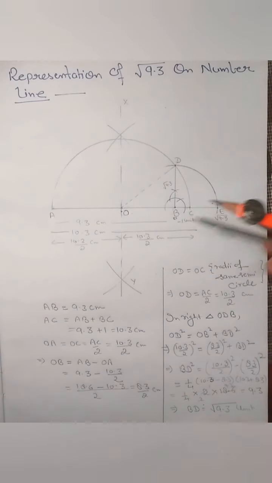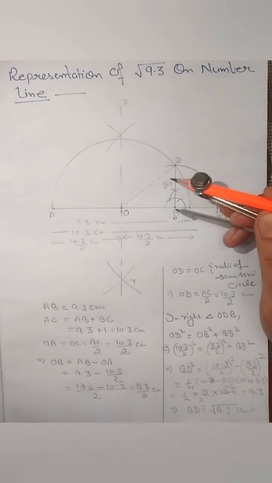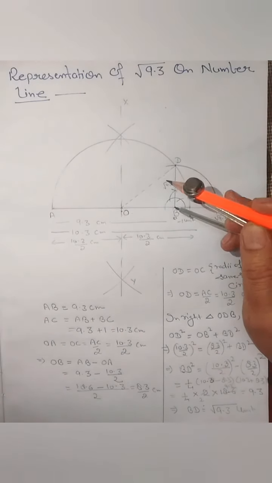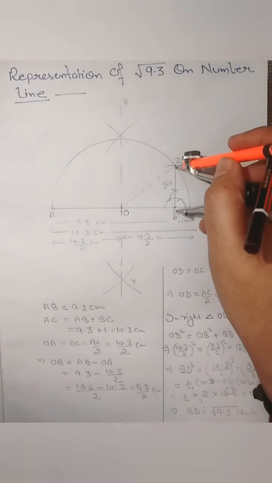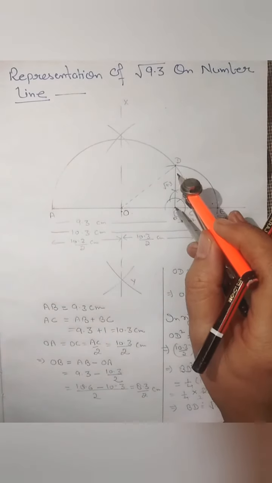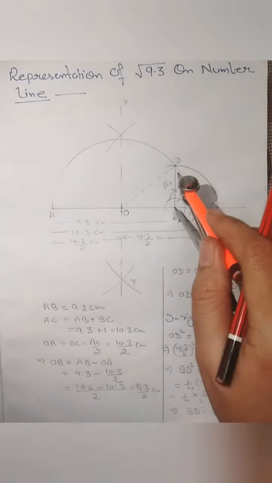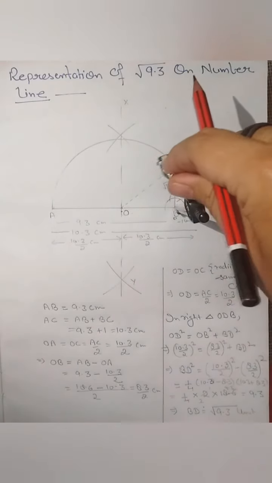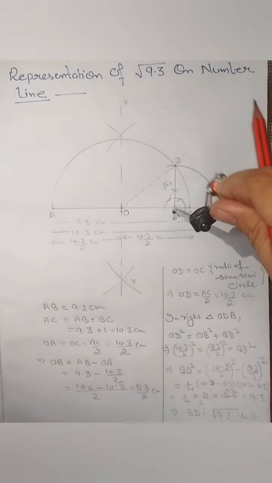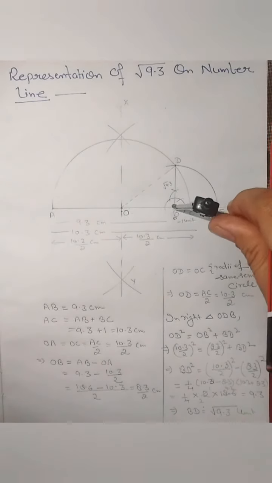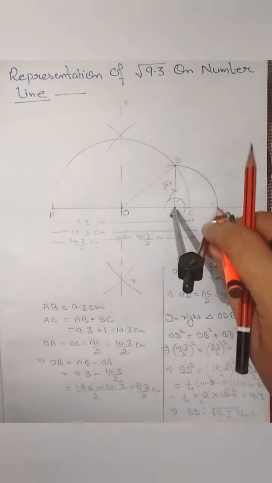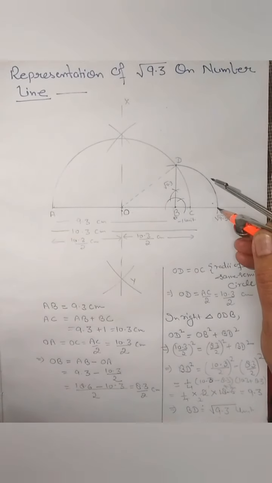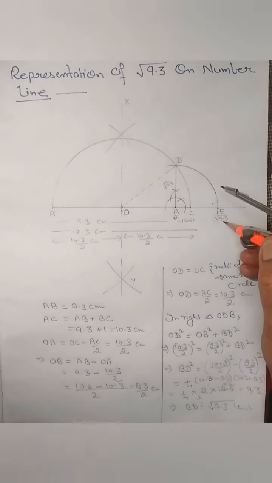That's why we put the pointer of compass at B and tip of pencil at D, and assuming B as center of circle and BD as radius, we draw an arc which cuts the produced AC at a point, and this point is root 9.3.